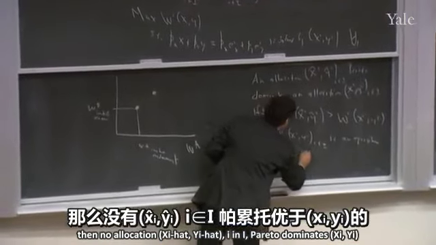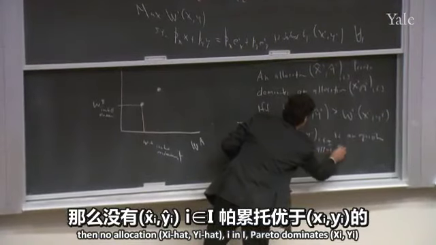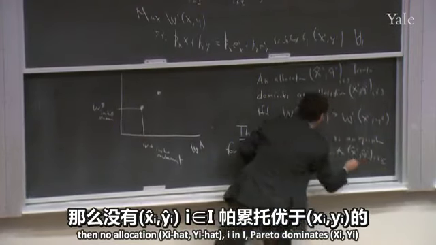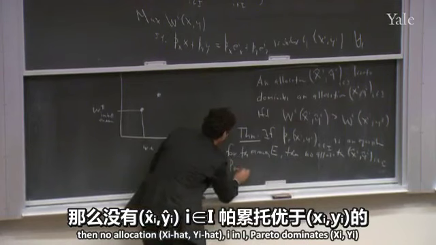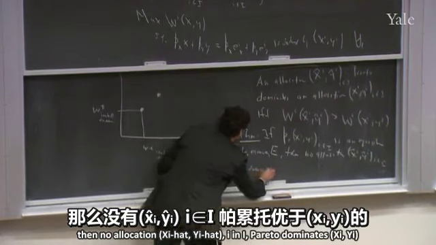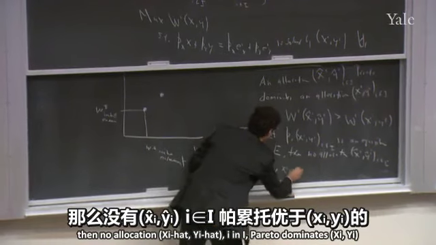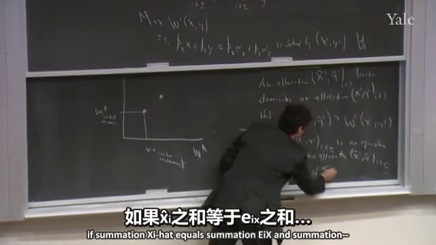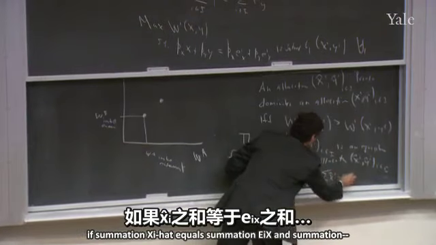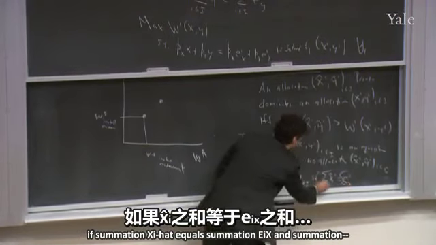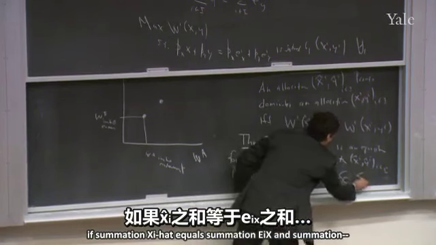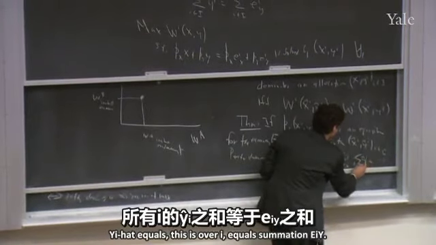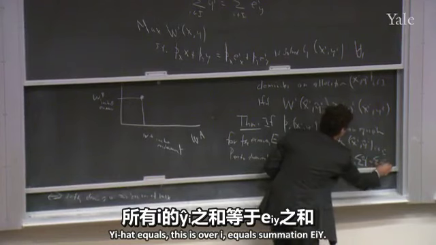Then no allocation x hat I, y hat I, Pareto dominates xi, yi if the summation of x hat I over I equals the summation of EIX, and the summation of y hat I over I equals the summation of EIY.